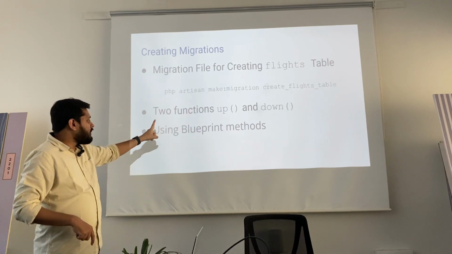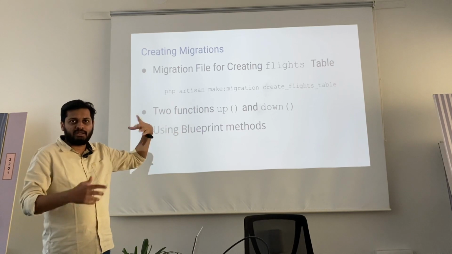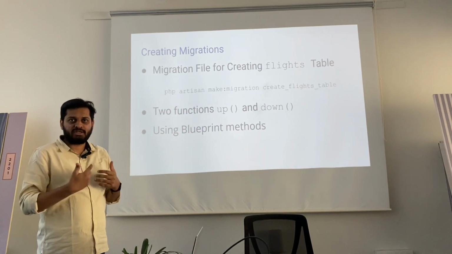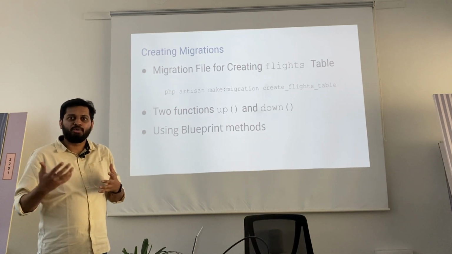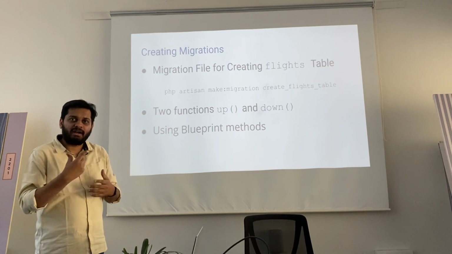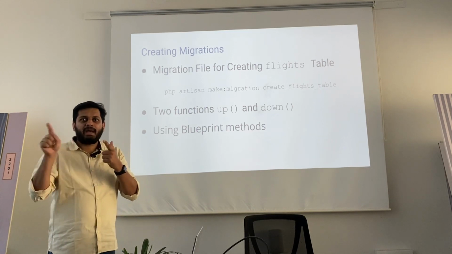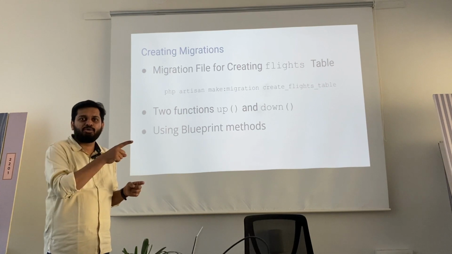In the up and down methods, there is a Schema class exposed to us, which uses the Blueprint class. It has ready methods to add columns; the methods in the Blueprint class are basically mapped to columns.